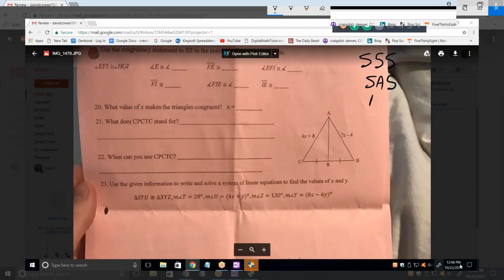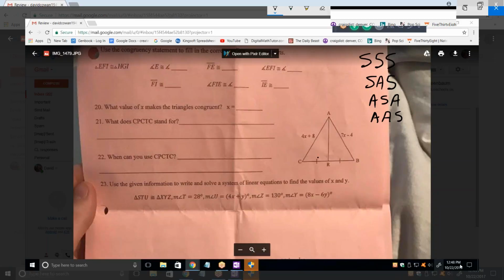If you find an angle, a side in between the 2 angles, that's congruent. And this also is congruent, but it has to be the correct side. In other words, it's not just any 2 angles and any side. Those 4 are the tests for congruency. So this question says, what value of x makes these 2 triangles congruent?